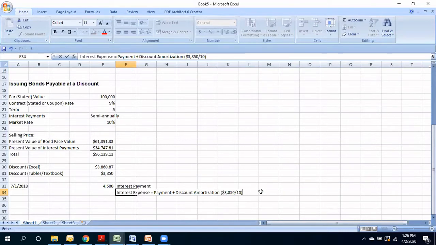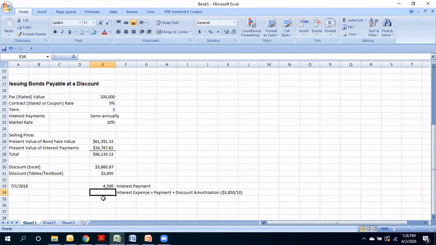And when we do that, what we see is that we come up with total interest expense of $4,500 plus $385.